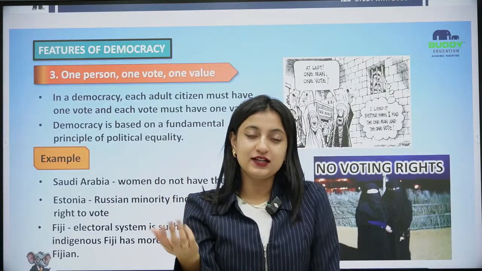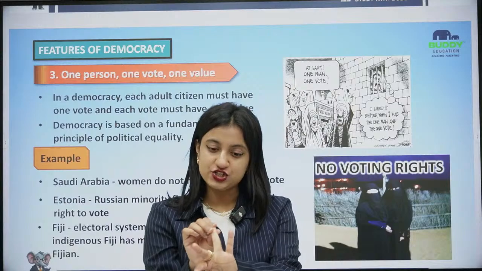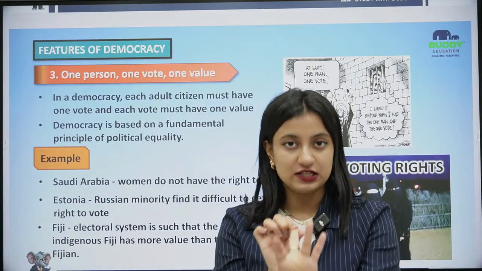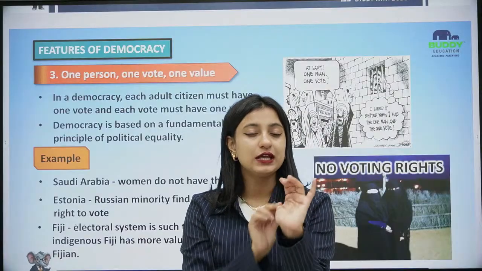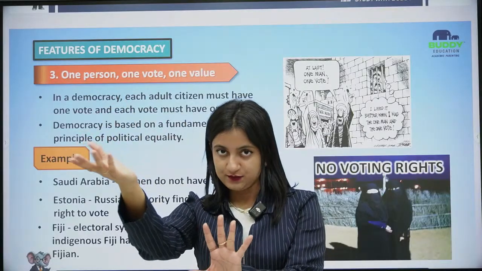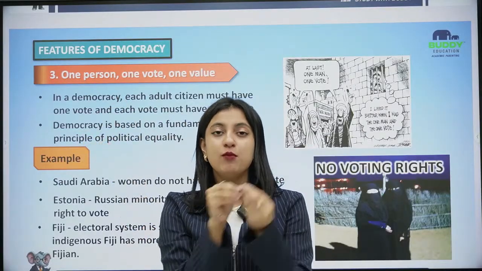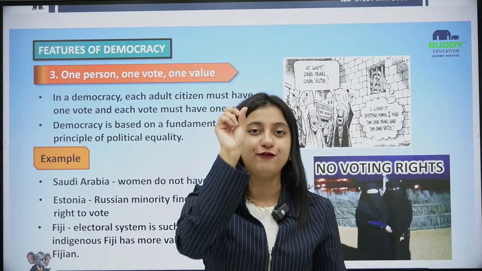It cannot happen that if I belong to a certain caste, religion, ethnicity, gender, age, or any of these reasons or XYZ reasons, I cannot have more than one vote or less than one vote. I can only have one vote.